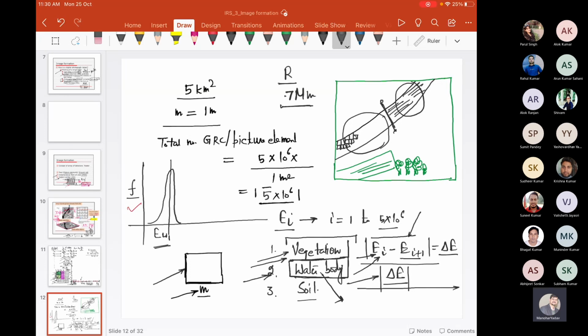If I would like to draw a histogram here for the energy component from ground resolution cells of water, then if I demarcate here by the green line, this is the first part of the river, and this is the next part of the river.